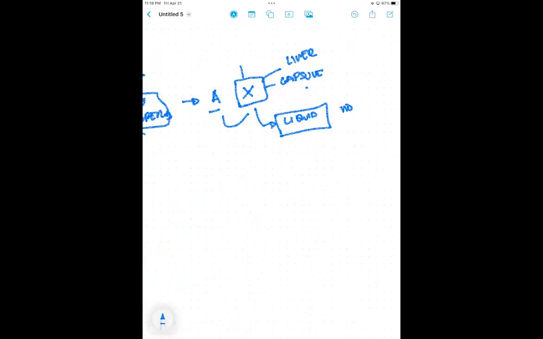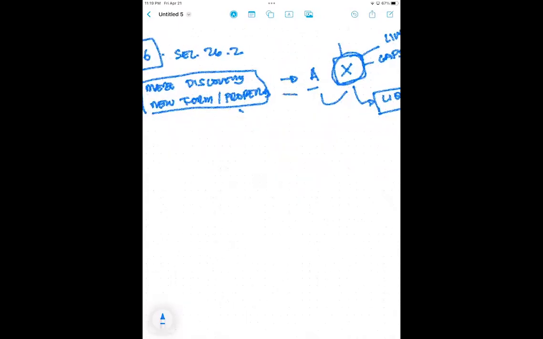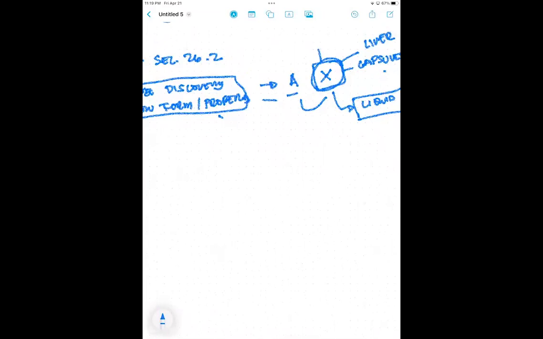So, nagiging fair yung complexion, and because of that, A applied for a new patent for X, not as a liver medicine, but as a whitening supplement. Should A be given patent for X? Answer, no. Because it lacks inventive step, because it's a mere discovery of a new property. Na-discover lang nila yung medicine na ito, ang property nito ay for liver. Nakita nila ay may bagong property pala ito.